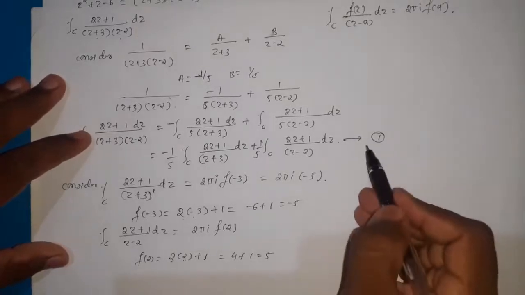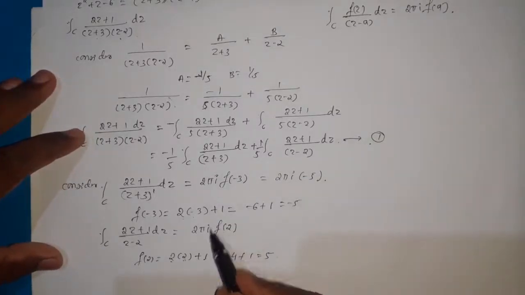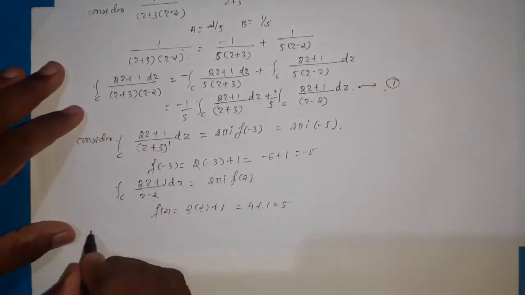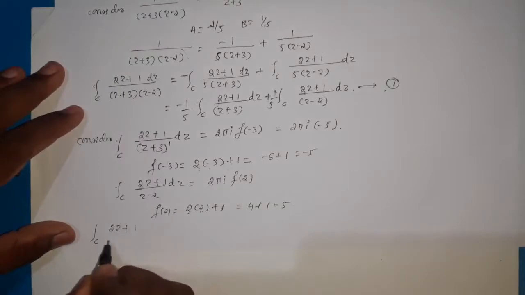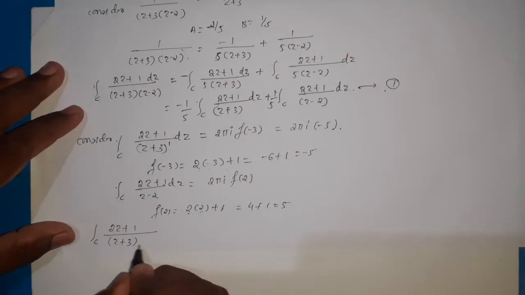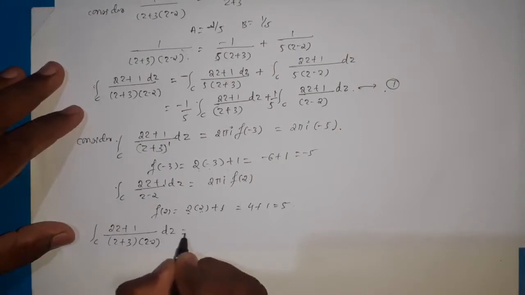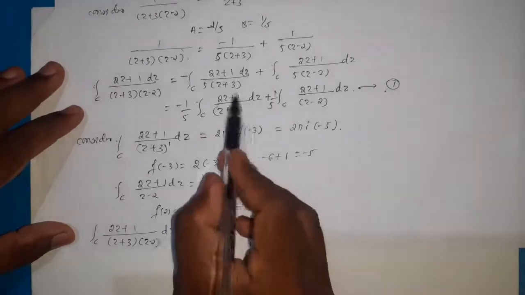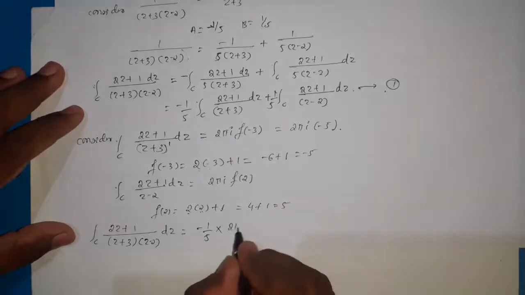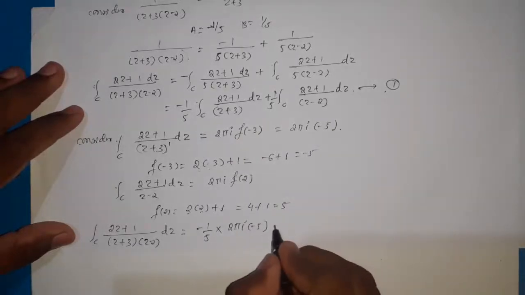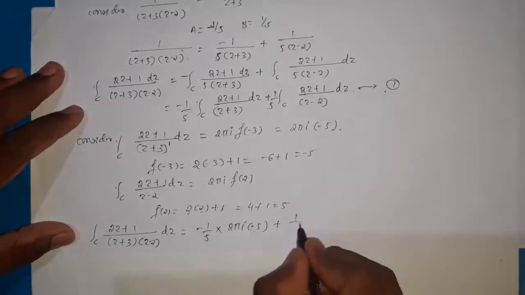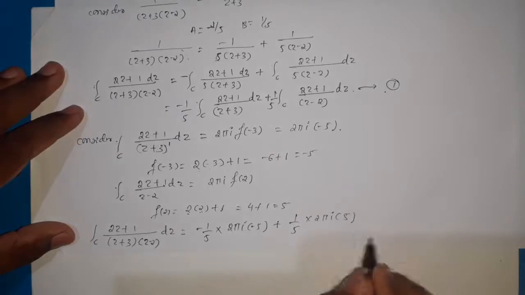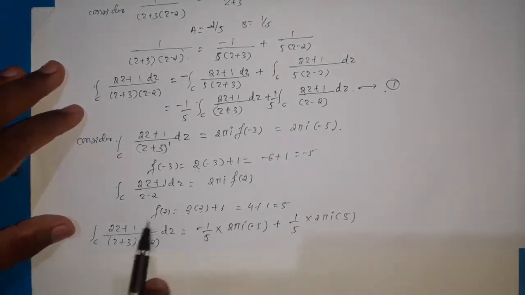Now in equation 1 substitute these two values, the value of the first integral and the value of the second integral. Now integration over c (2z plus 1) divided by (z plus 3)(z minus 2) dz is equal to minus 1 by 5 as it is, times the value of this integral, which is 2 pi i into minus 5, plus 1 by 5 as it is, then the value of this integral is 2 pi i into 5, because f of 2 is 5.